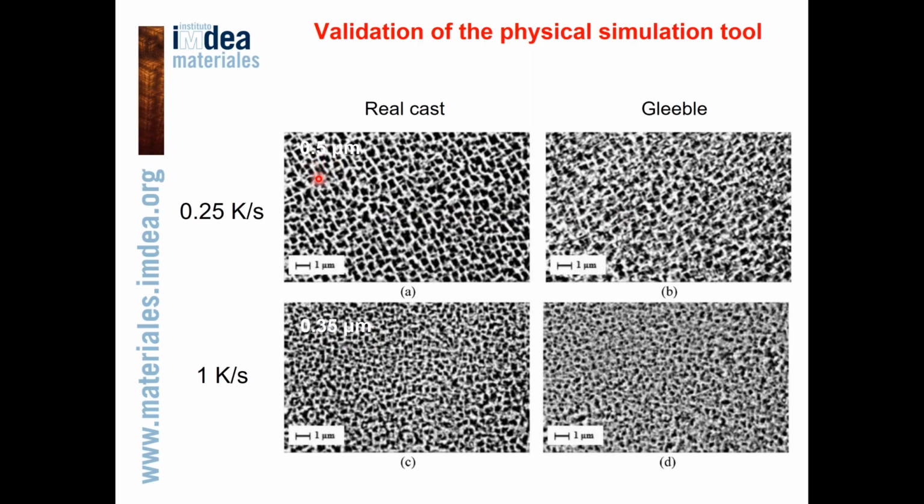In both cases, the Gleeble samples and the real nozzle guide vane, gamma prime particles show an average size of 0.5 microns after cooling with the lowest cooling rate, and increasing the cooling rate to 1 degree per second results in finer gamma prime particles having an average size of 0.35 microns, which is very well reproduced by physical simulation.